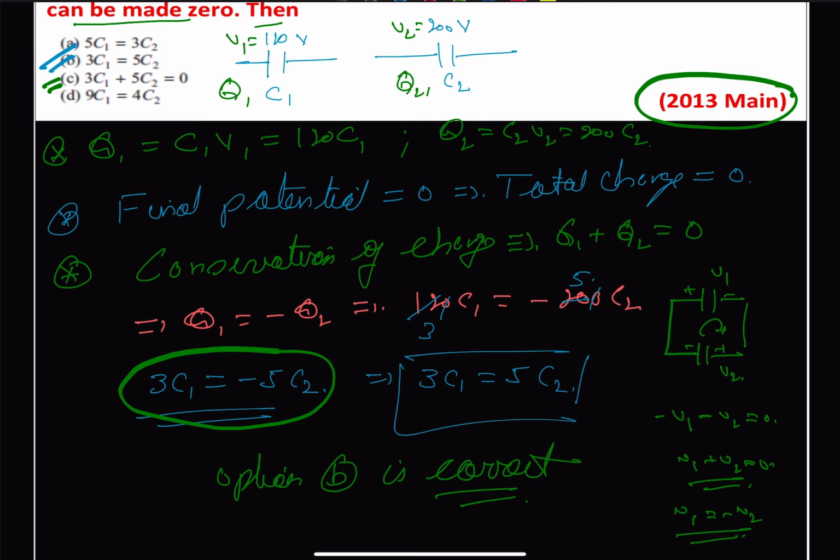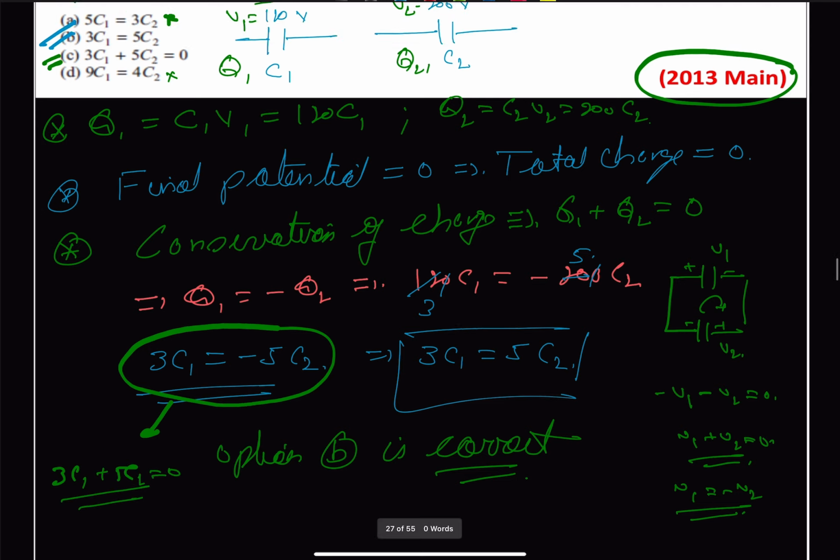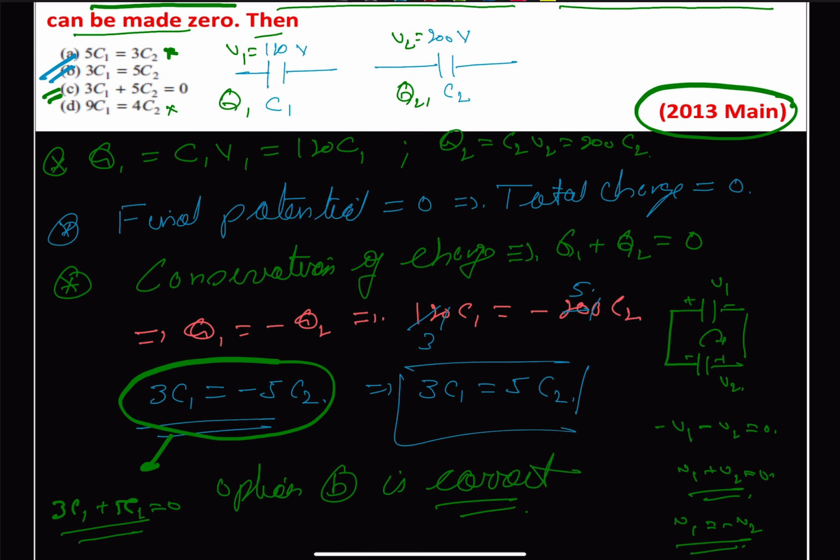And this makes the situation very tricky, because A and D are certainly not the options, but if this condition holds, then we are going to have 3C1 plus 5C2 equal to 0. So option C will certainly hold.